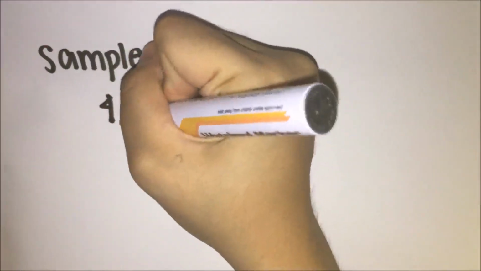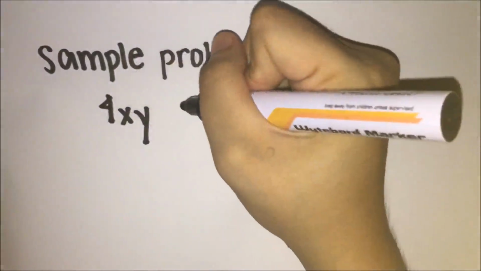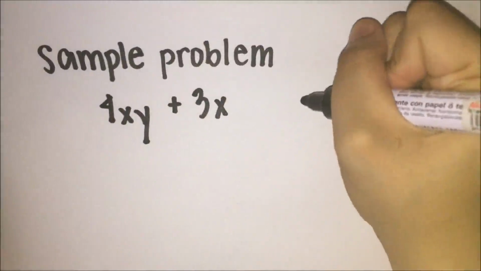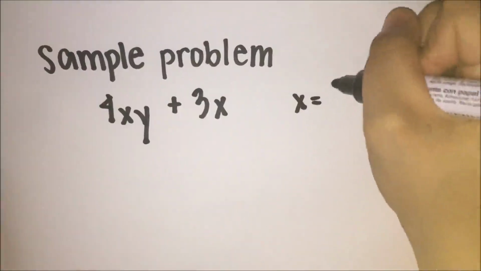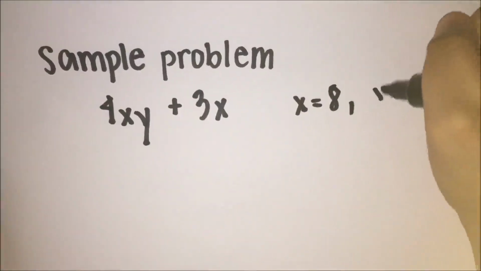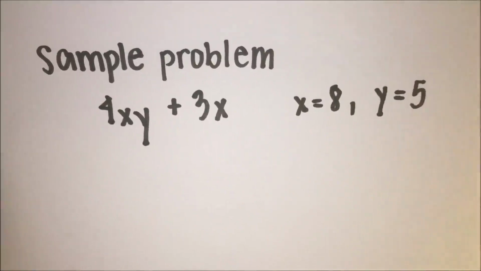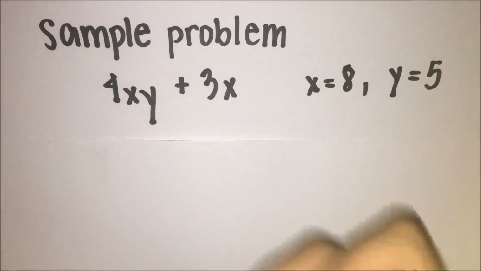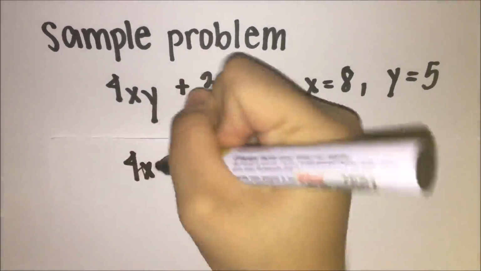Sample problem. Evaluate 4xy plus 3x if x is equal to 8 and y is equal to 5. We take out all the variables and put in the numbers in parentheses.